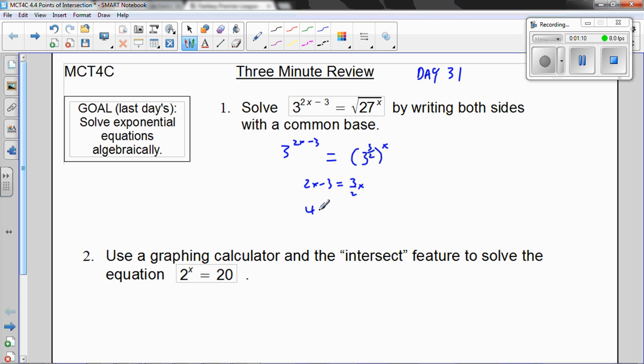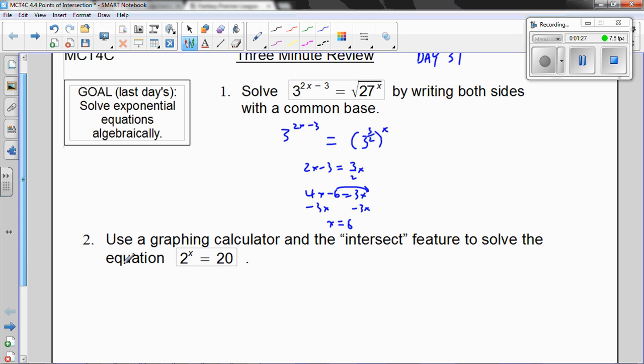Cross multiply, solve the equation. 6 goes on the other side here. X is 6.